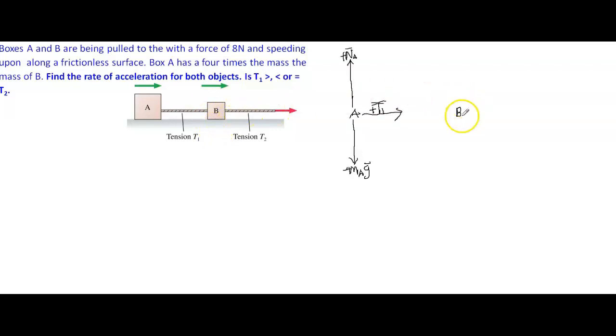Okay, so let's begin by drawing the weight of the object. Now, since this box has 1/4 the weight of mass A, I'm going to draw mass B times gravity to be much smaller.